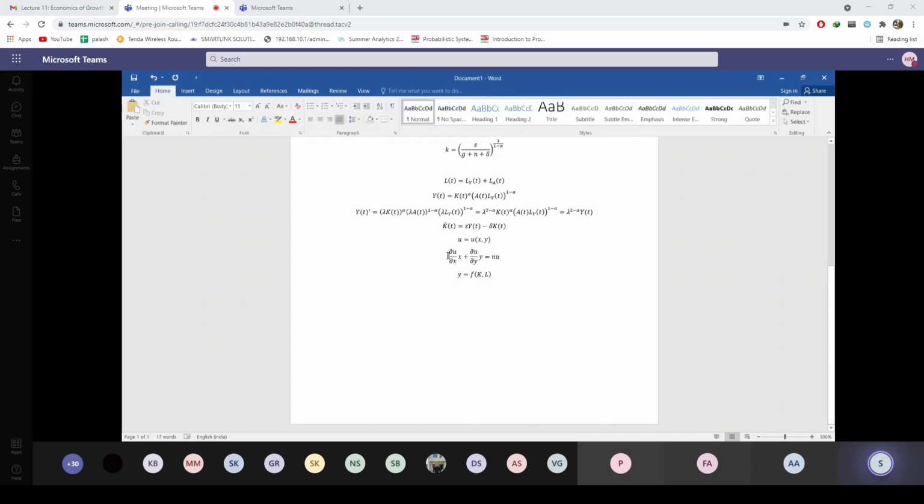So according to this Euler equation, del y del k into k plus del y del l into l is equal to n y.